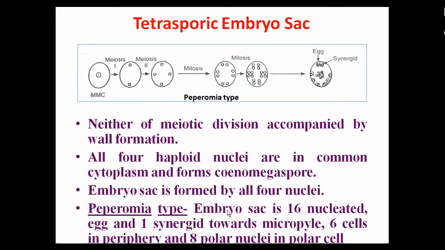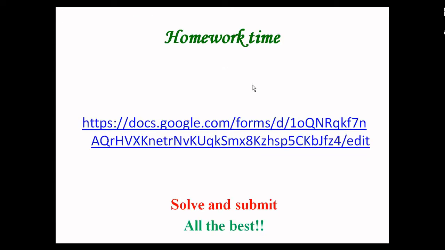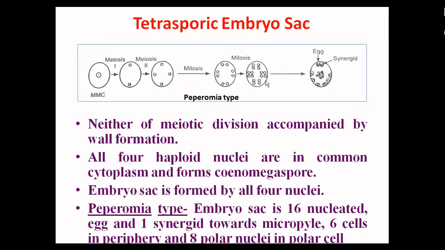Here the 4 nuclei of the coenomegaspore undergo mitosis to produce an 8 nucleated cell, which again undergoes mitosis to produce a 16 nucleated cell.